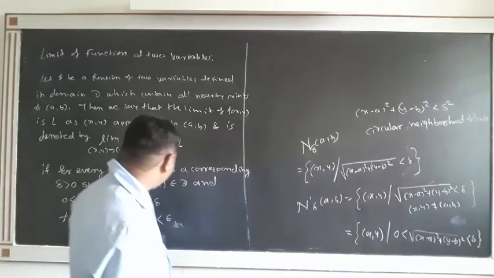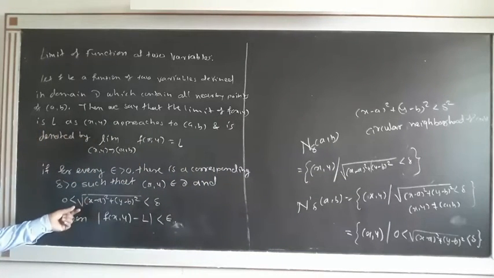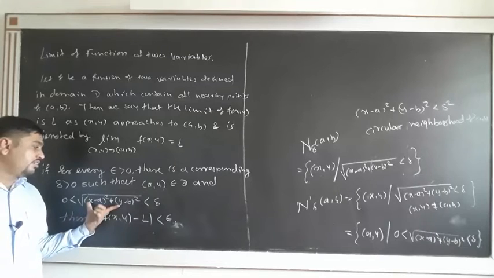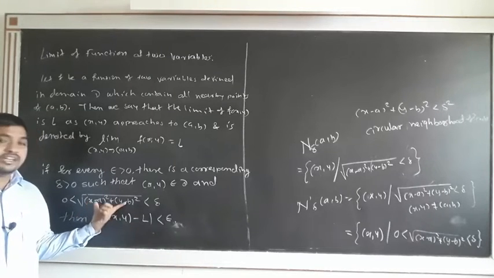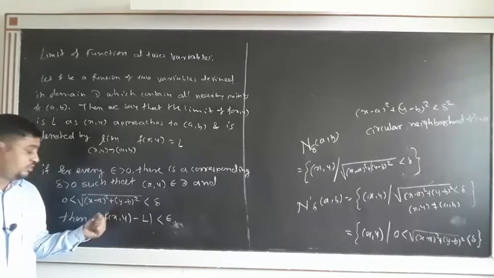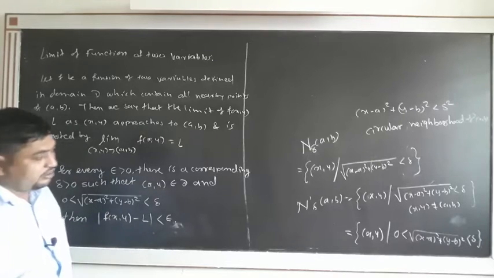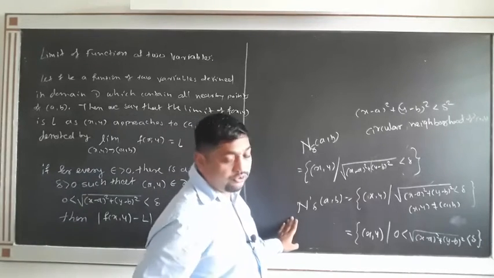That is just the distance between the point (x, y) and (a, b). So you get the deleted neighborhood and the neighborhood.